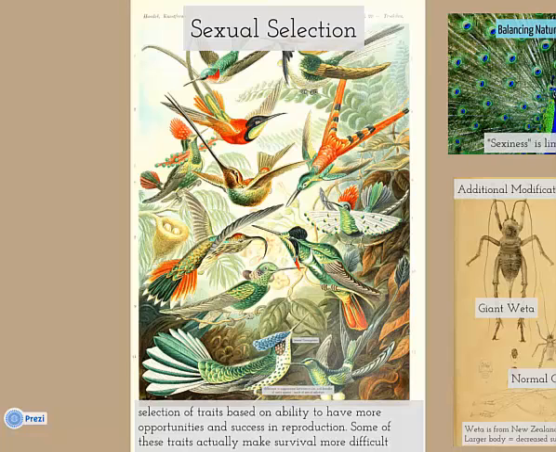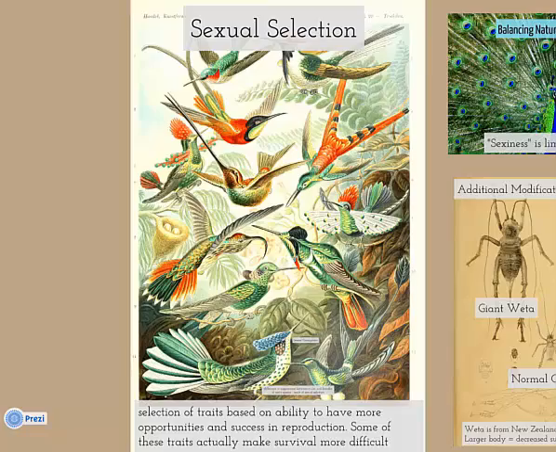Some of these traits actually make it more difficult for the organism to survive. So if you look at the birds in this picture, they're brightly colored, they have very long tail feathers, and this would make them a much easier target for a predator. However, there's a catch. The females find this attractive, and we'll get into the whys on that in just a minute.